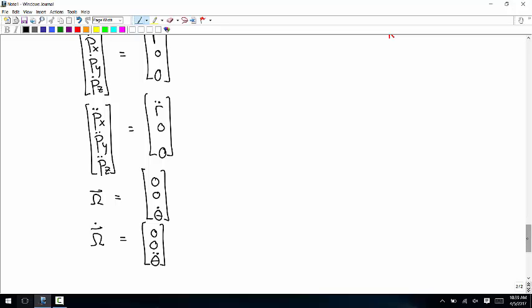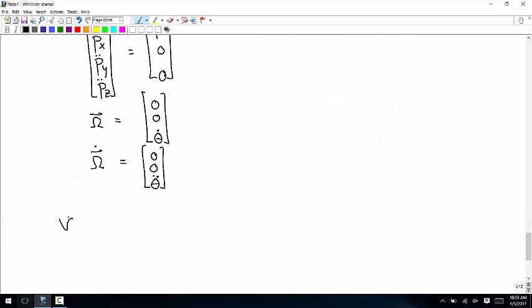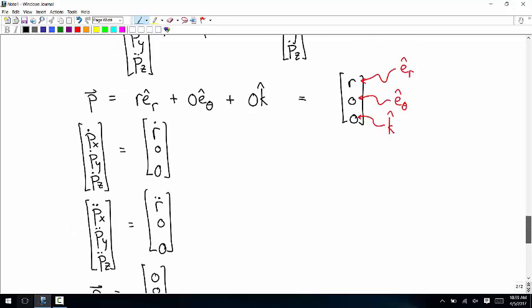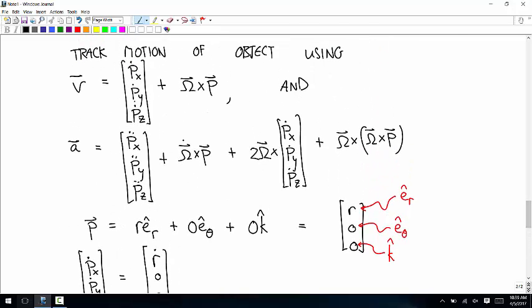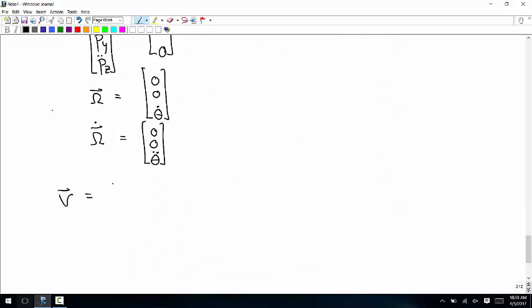Okay, so let's figure out what the velocity is in polar coordinates. So the velocity is equal to, I wrote them up here, the components dot, which is r dot 0 0, plus omega crossed with the position vector.